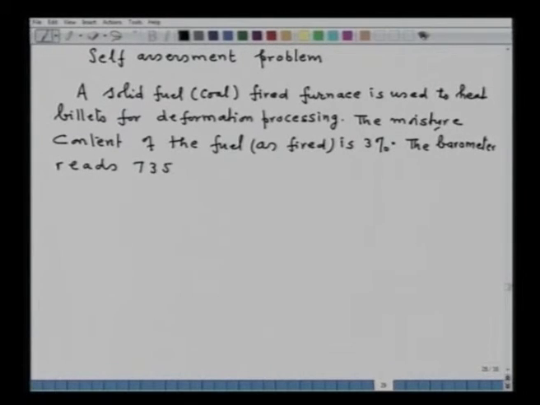The barometer reads 735 millimeter mercury pressure. The air temperature is 20 degrees Celsius.